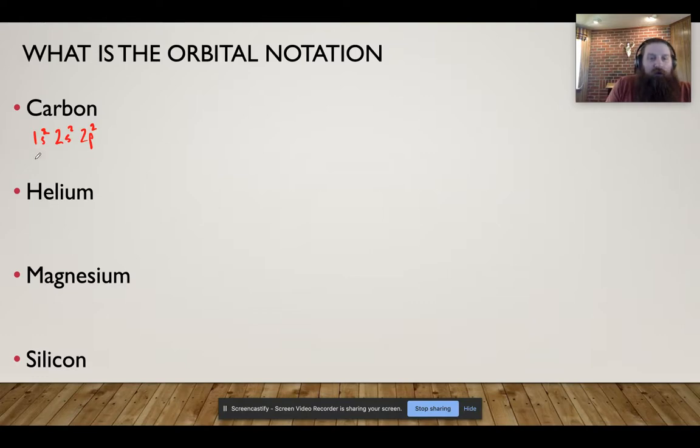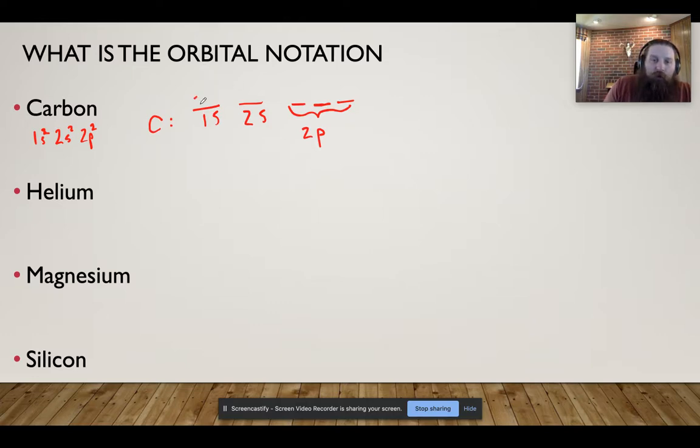That's its electron configuration. If I want to do its orbital notation, I say, okay, carbon, 1s orbital can hold 2 electrons, 2s can hold 2 electrons, and the p orbitals can hold 6 electrons. So I write 2p, just like that.